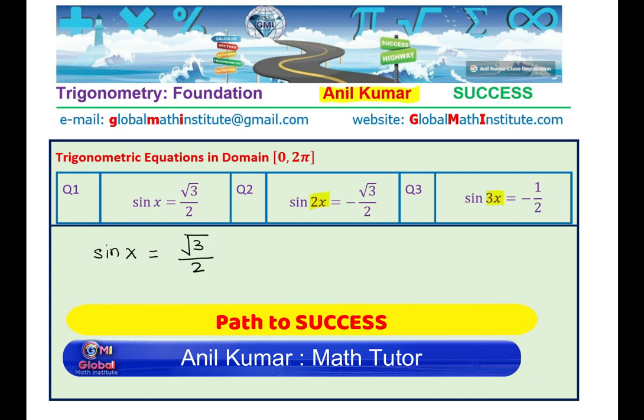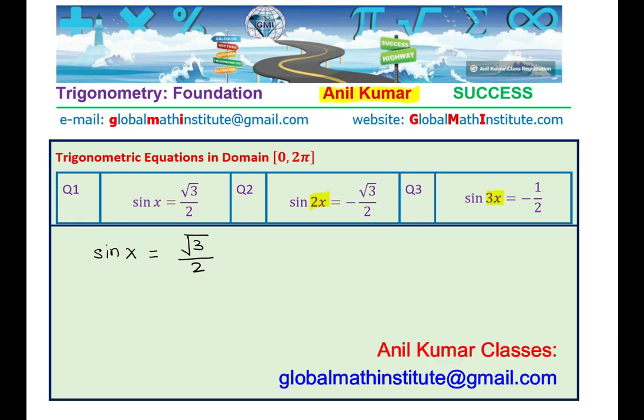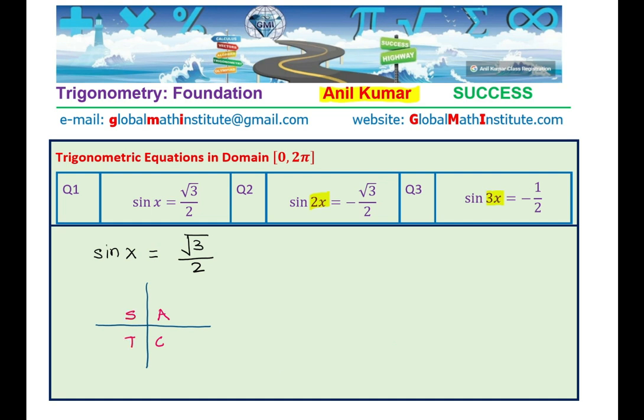Now, when we say the domain is 0 to 2 pi, that means we are looking into the full circle. And we know using the CAST rule that sine is positive in quadrant 1 and in quadrant 2. Therefore, there should be at least two solutions, one in quadrant 1 and the other in quadrant 2.